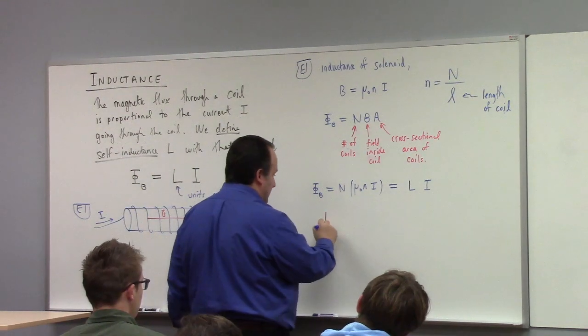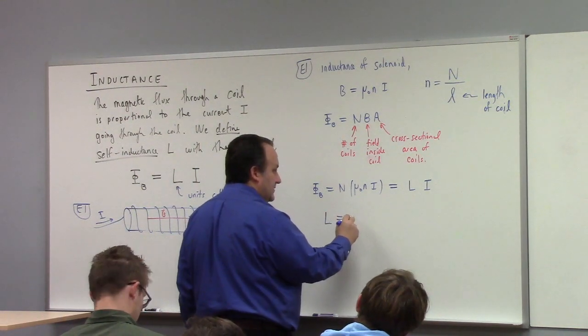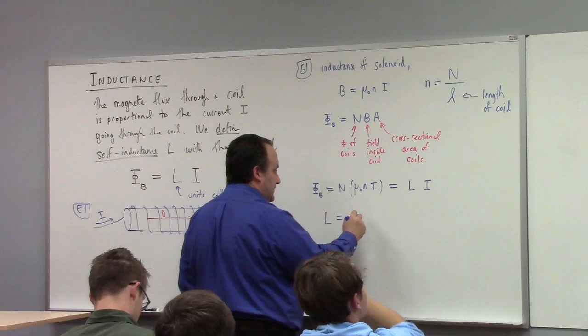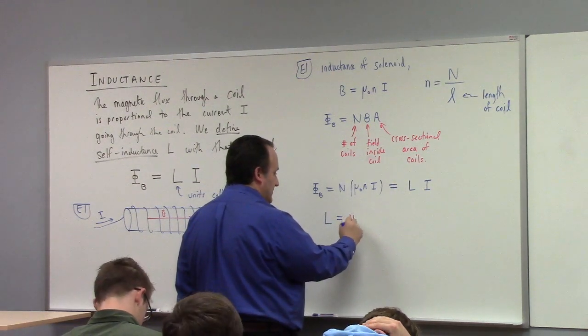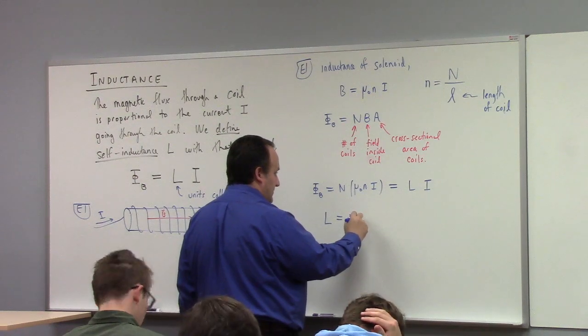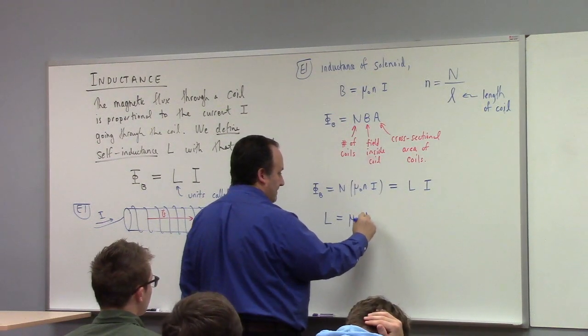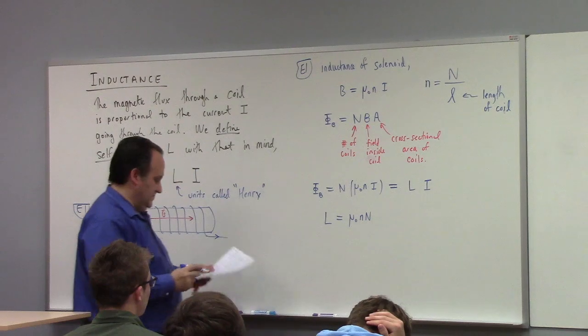The inductance of a solenoid apparently is equal to mu naught N n, I guess. That feels wrong.